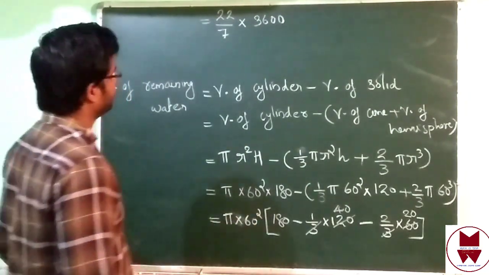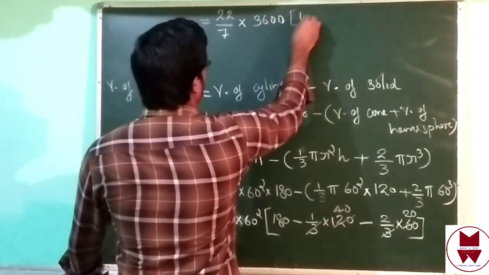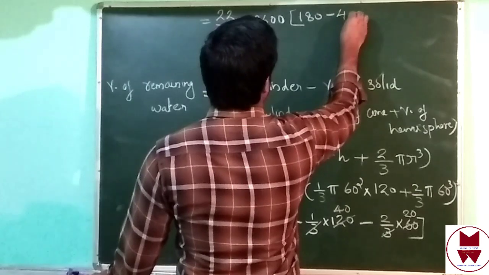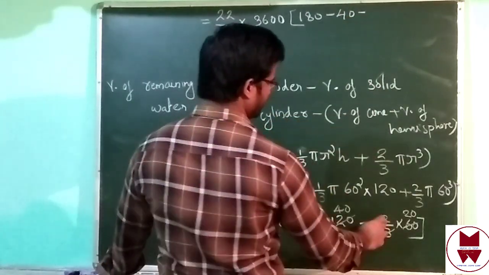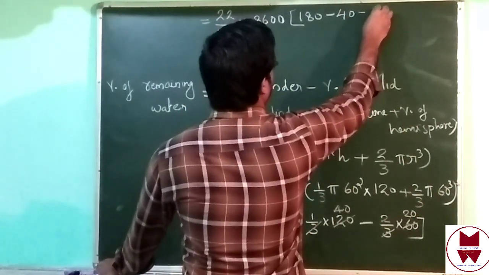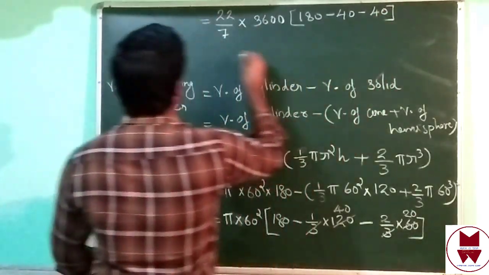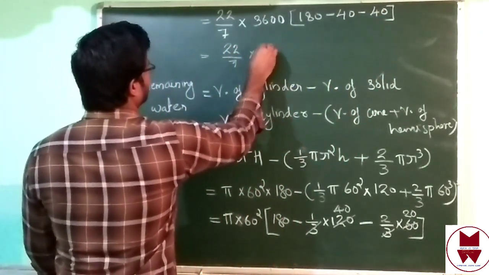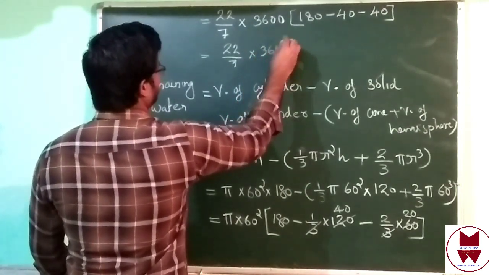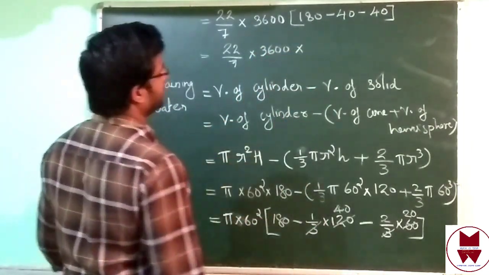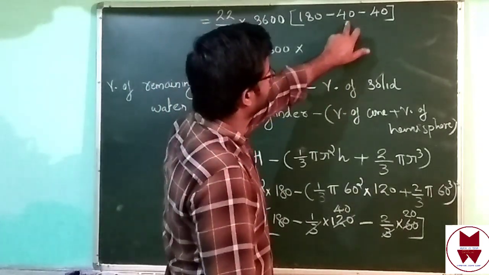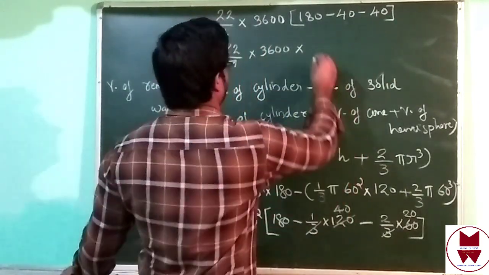Then 180 minus 40, then minus 2 into 20, 40. So 22 by 7 into 3600 into, 180 minus 40 is 140. Again minus 40, you will get 100.